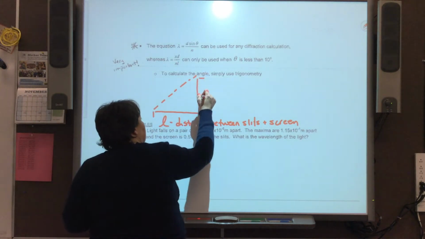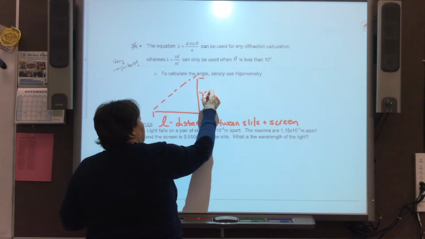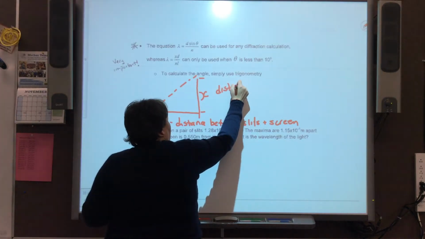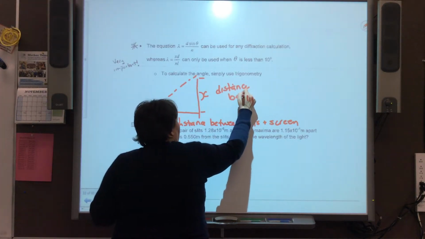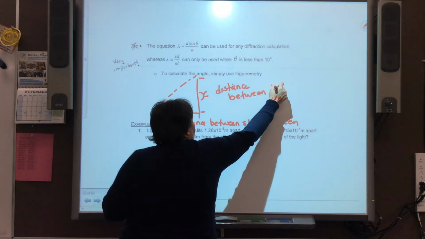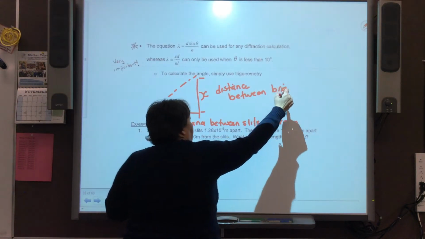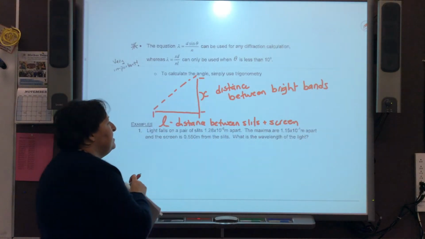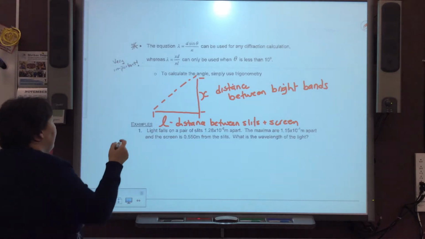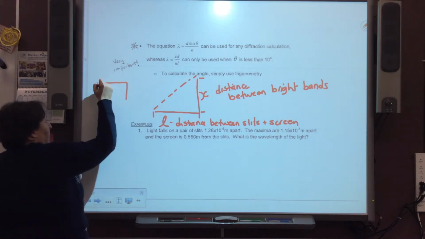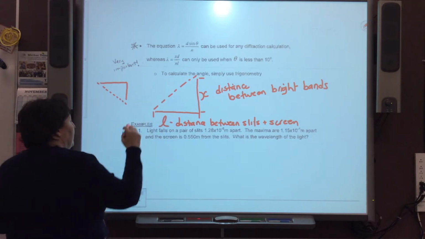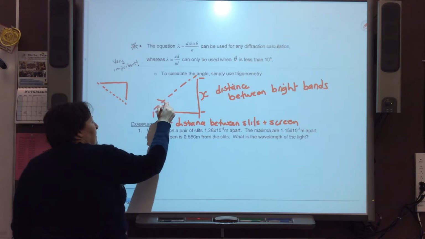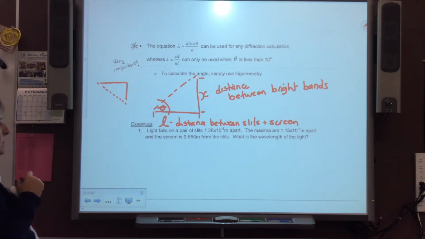This distance here is your X, which is your distance between bright bands. Now don't forget, it can go this way too, right? Don't get hung up that it can only go in that direction. So theta then is this angle here.